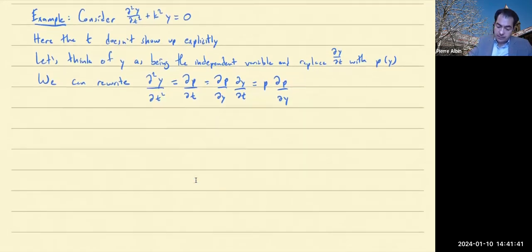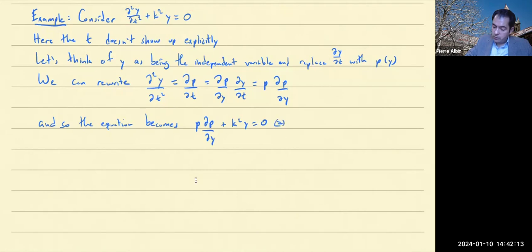Substituting that in, where here we had second derivative of y plus k squared y is equal to 0, now we have p times the derivative of p with respect to y plus k squared y is equal to 0, right?